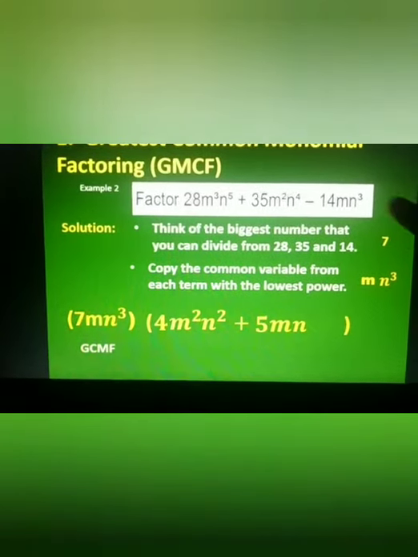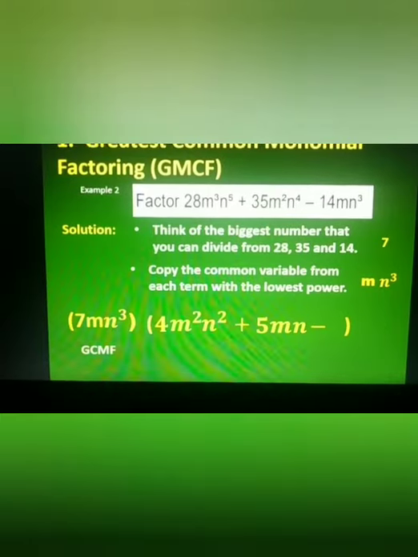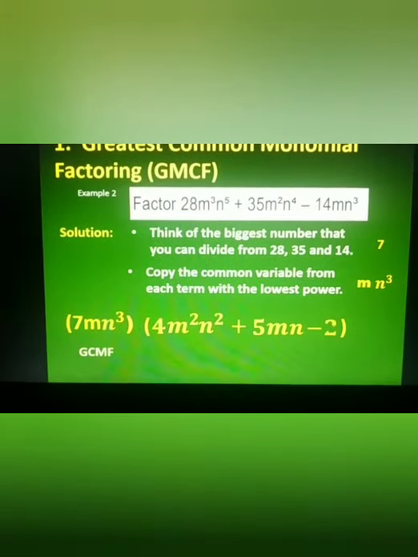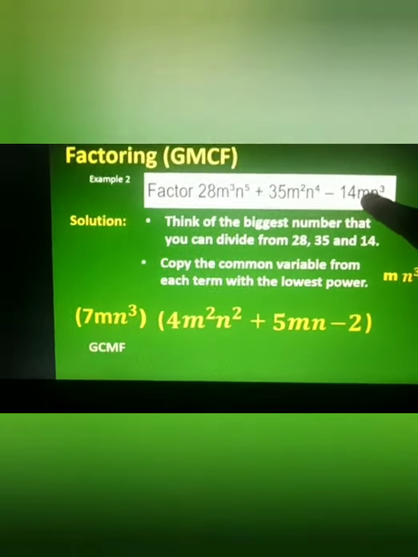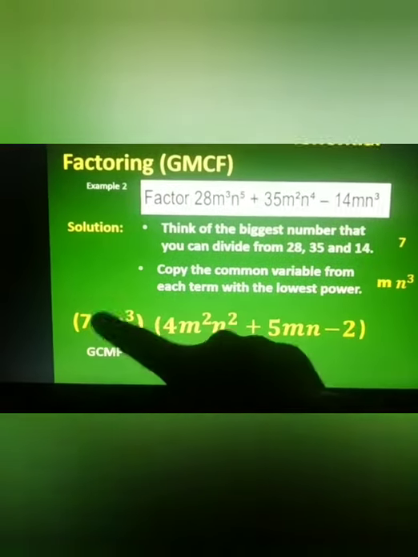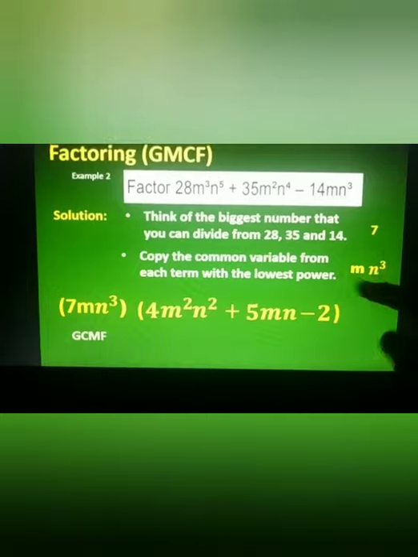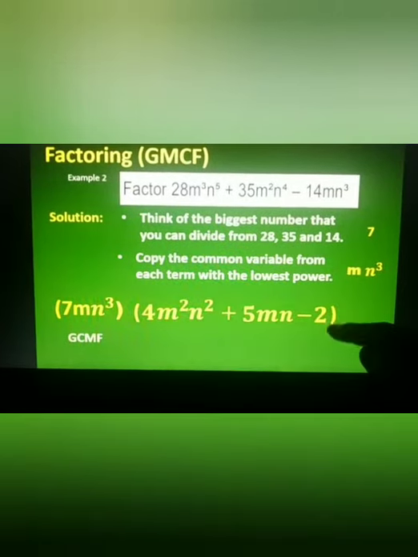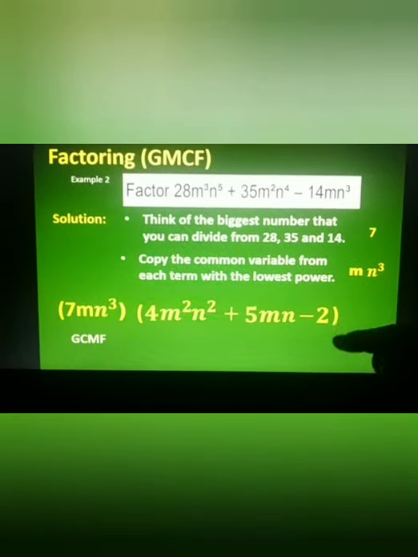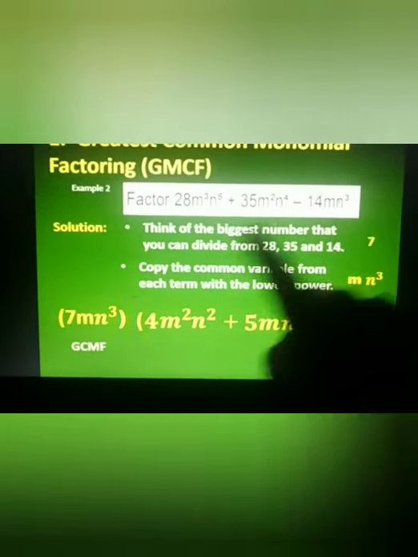Then, 14 divided by 7. That's 2. 14 divided by 7 is 2, right? m divided by m is 1. But we no longer write the 1. Right, 1 divided by 1 is 1. So, we no longer write 1. So 2 times 1 is 2, so the answer stays 2. n cubed divided by n cubed.